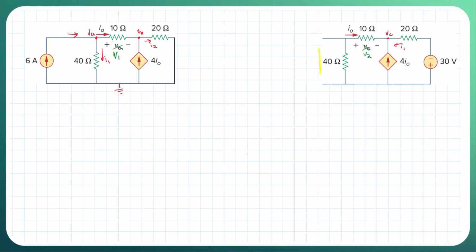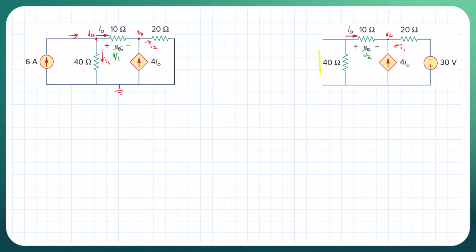So what we're going to do is KCL at node VA. We're going to look at all the currents going in versus all the currents going out. So we got 6 amps going in is equal to I naught, which is going out, plus I1, which is going out.